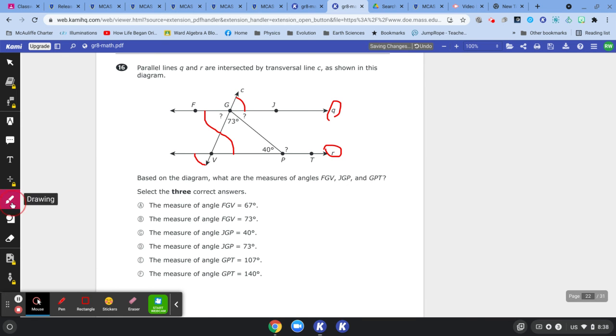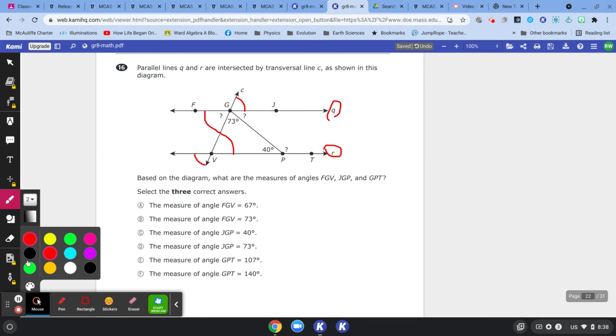Okay, I'm going to pick a different color for another set of congruent angles. This angle is an alternate interior angle for this angle. So we should now already know that this angle, JGP, which is one of our requested angles, is 40 degrees.